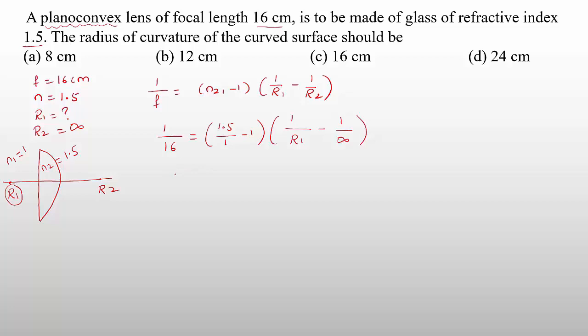Now calculate the value of r1. 1 by 16 equal to 0.5 into 1 divided by r1. So after calculating the radius of curvature of the curved surface, we got 8 centimeter. r1 equal to 8 centimeter, that is option A is right.